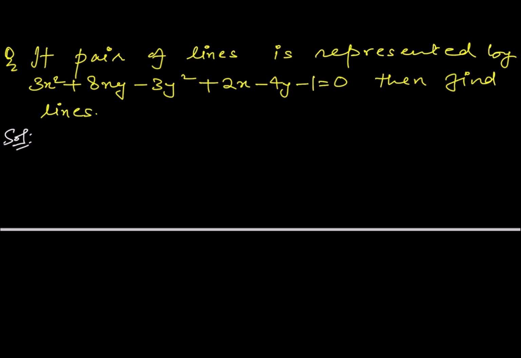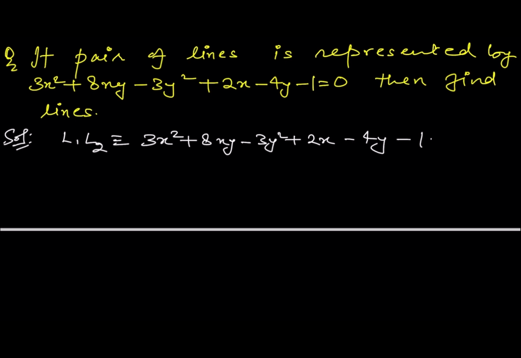Means if L1, L2 is represented by this second degree equation, then we need to find L1 and L2 individually, right?